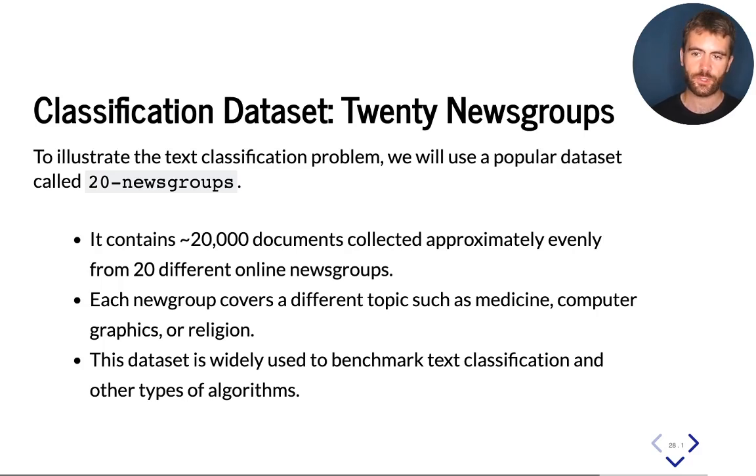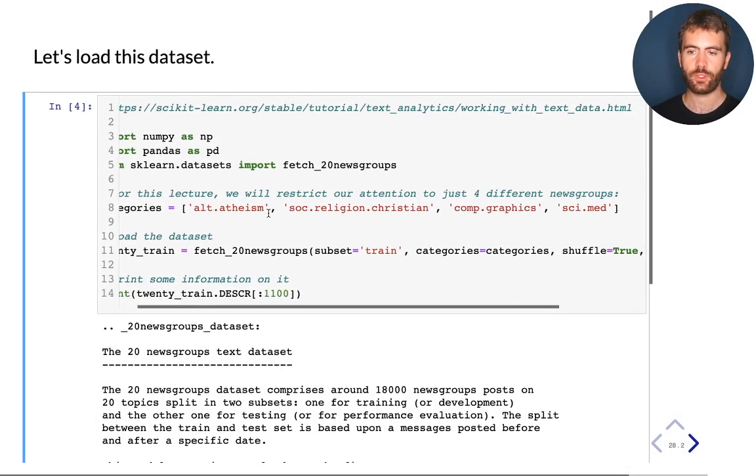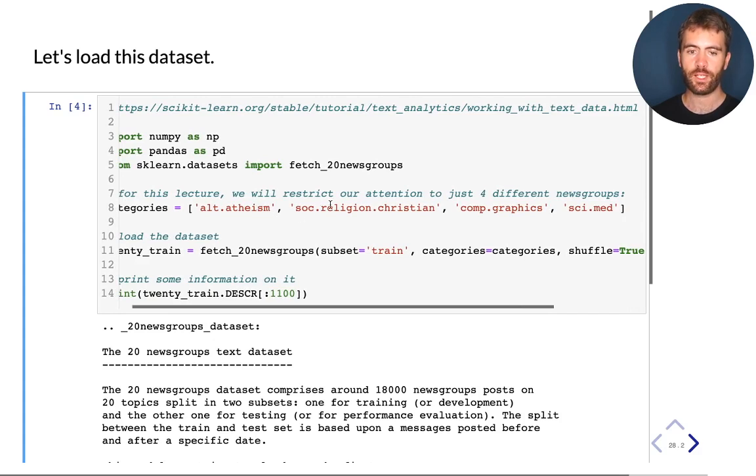You can think of it as a short email to the news group. I can load this data set using the built-in scikit-learn function for loading this data set. And I'm only going to look at the following 4 classes: atheism, Christianity, graphics, and medicine.